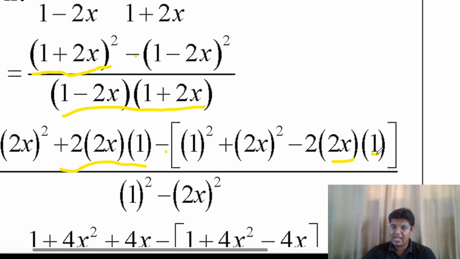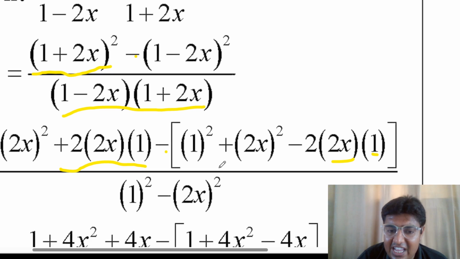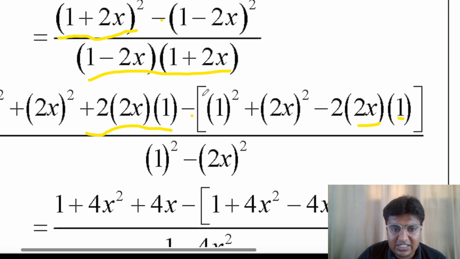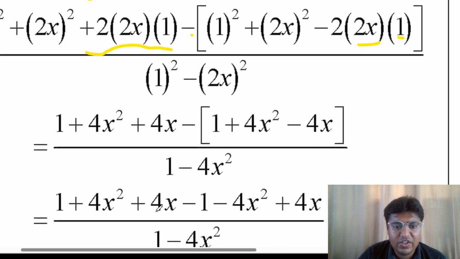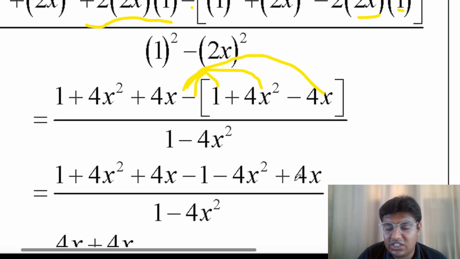Here a is 2x, b is 1, but here there is a sign of minus. After that, be careful about the step. This minus is going to multiply, you will solve, and then minus multiplied by 1 will become minus 1. Minus multiplied by 4x square will become negative 4x square, and here negative negative is positive.